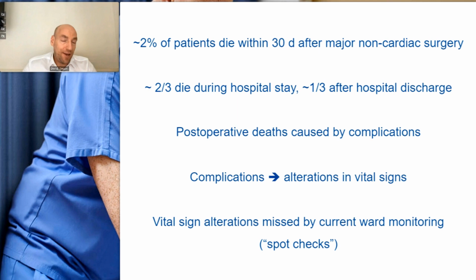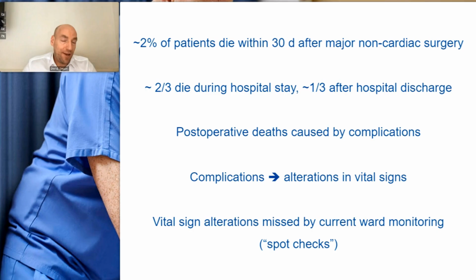So 2% of patients die within a month after surgery. 2/3 of those patients die during the initial hospital stay under our direct supervision. This is also true for death in medical non-surgical patients. Deaths are caused by complications.